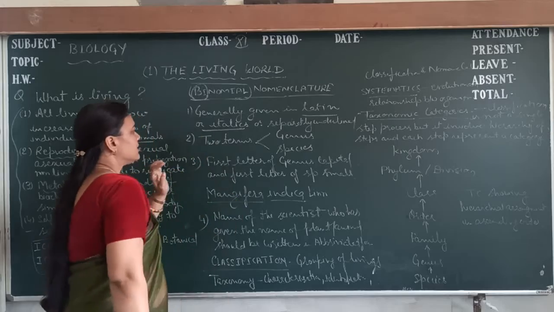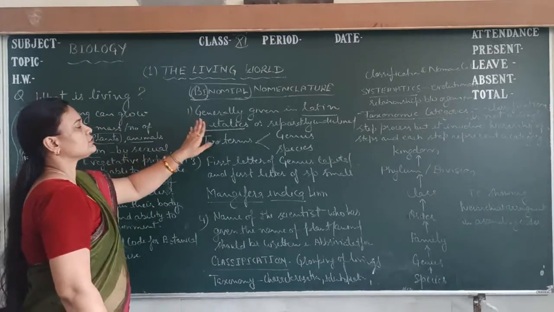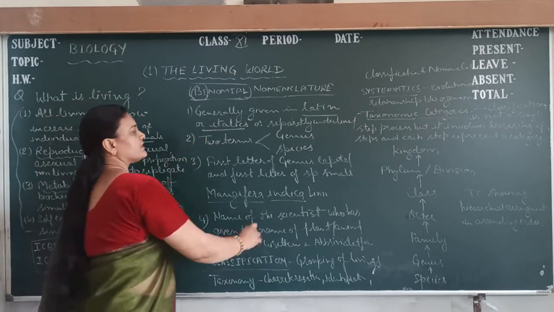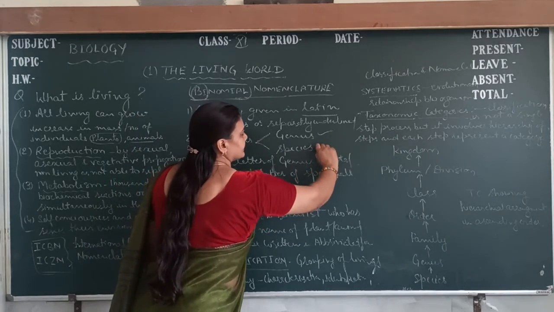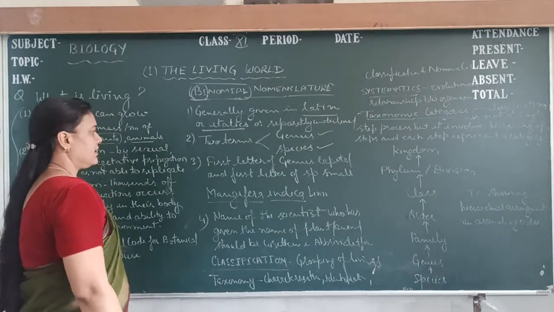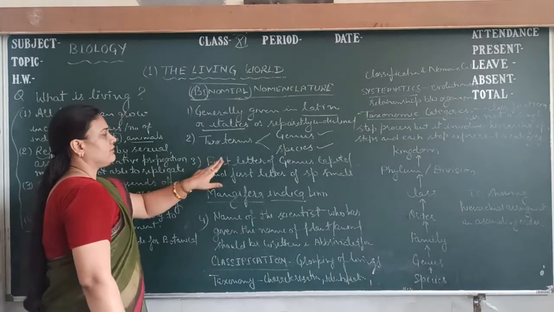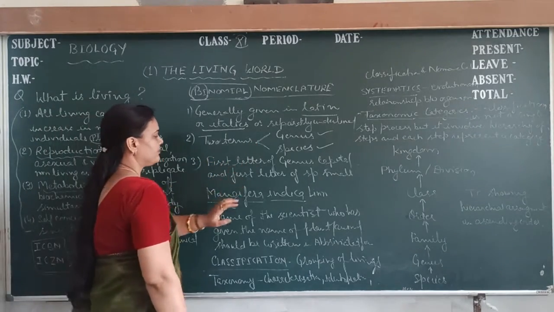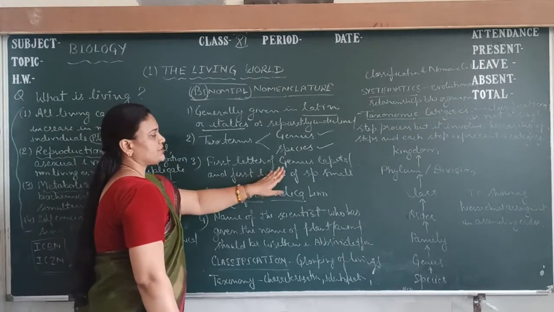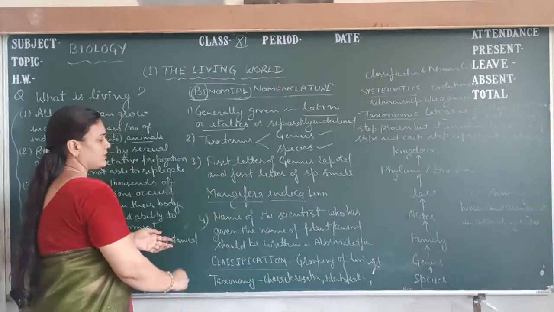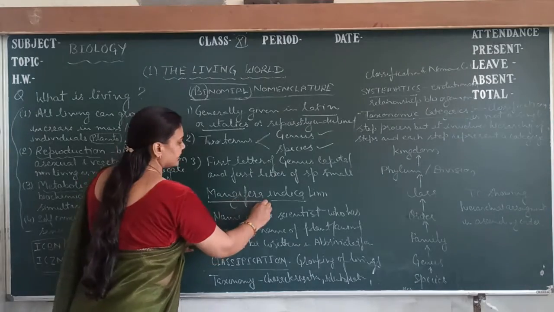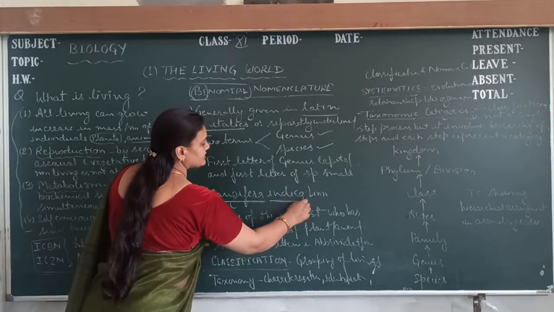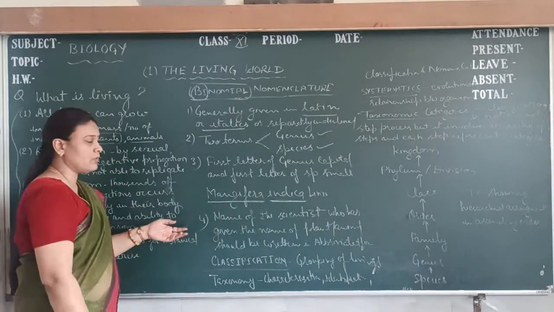What are the 2 terms? The 2 terms involved in this scientific nomenclature are, first, genus and second, species. The first letter of genus is always written in capital and the first letter of species is always written in small, like Mangifera indica. Mangifera indica is the botanical name of mango.